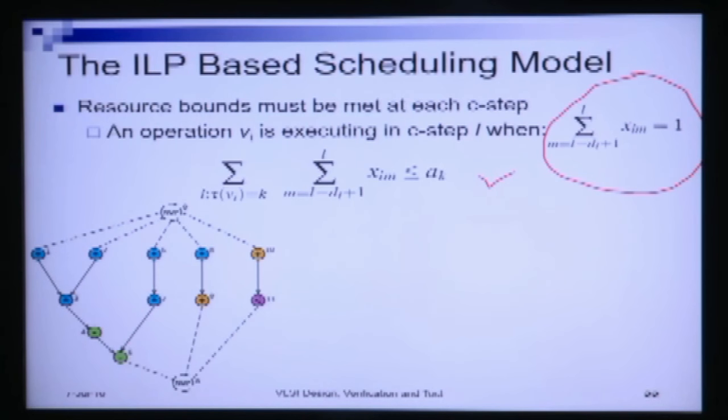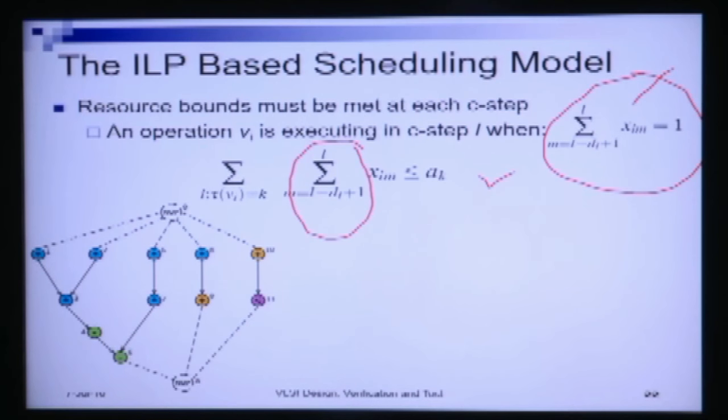And so here, the term that we defined becomes important, because it tells me whether the ith operation is running in the current time step or not. If the summation over m equals l minus di plus 1 to l of xim is equal to 1, that means that in the current time step l, the ith operation is still executing on some resource of type k.